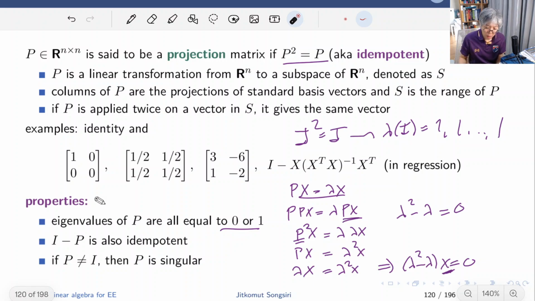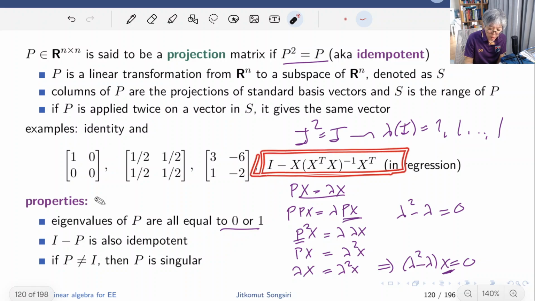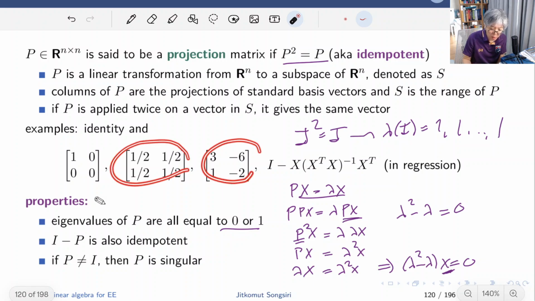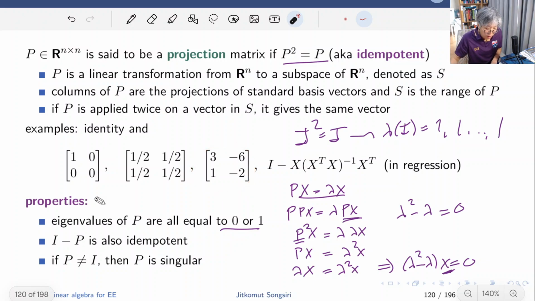Okay. So maybe I will illustrate real quick with MATLAB. I'm going to construct a matrix T in this way, and show that the eigenvalues are either 0 or 1.